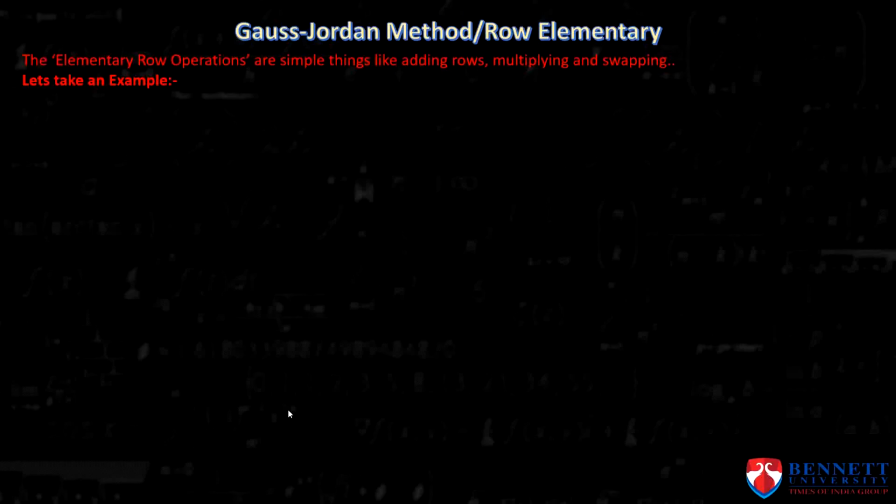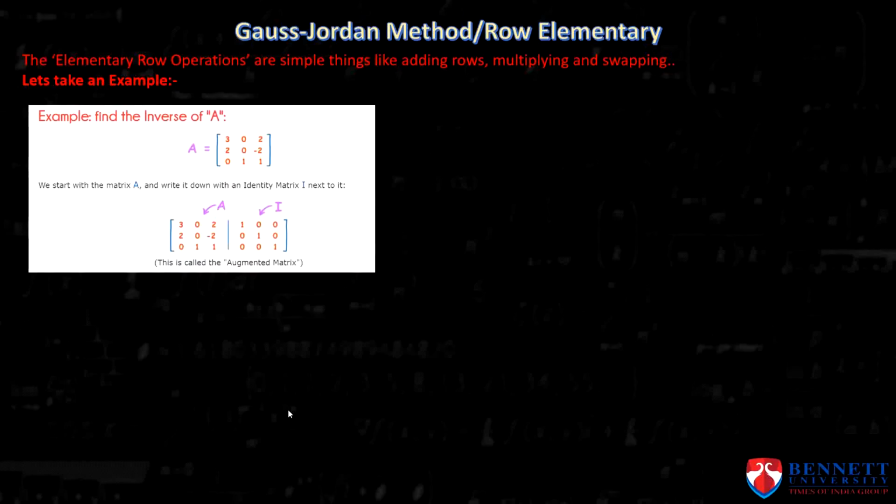The elementary row operations are simple things like adding rows, multiplying, and swapping. Let's take an example. Here we have a matrix A, a 3 by 3 matrix, and we need to find the inverse of it. Now we have to turn matrix A into an identity matrix.